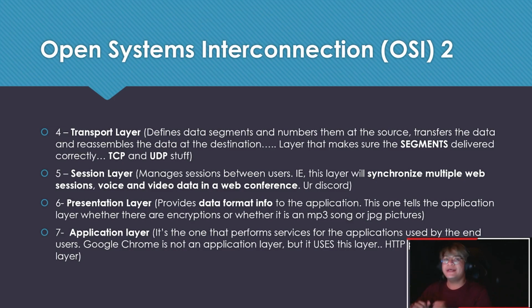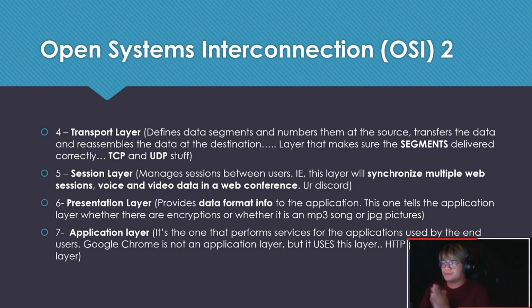We have TCP and UDP under this layer. You don't need to know as much about TCP and UDP, but with TCP the other computer will acknowledge that they received a certain segment, and with UDP they just receive as much data as possible and think about combining the data later on.